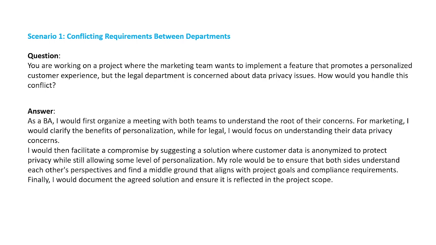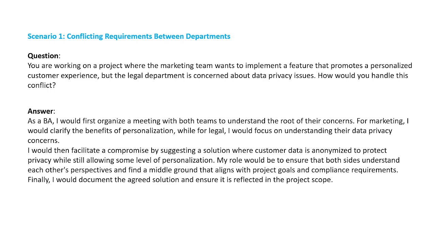Answer. As a BA, I would first organize a meeting with both teams to understand the root of their concerns. For marketing, I would clarify the benefits of personalization, while for legal, I would focus on understanding their data privacy concerns. I would then facilitate a compromise by suggesting a solution where customers' data is anonymized to protect privacy while still allowing some level of personalization.